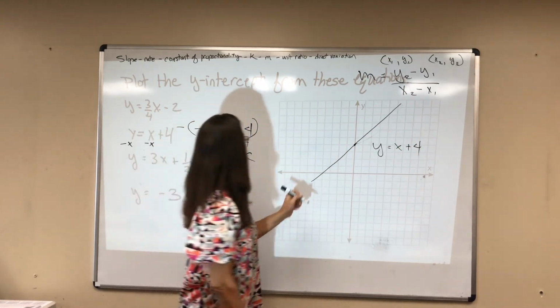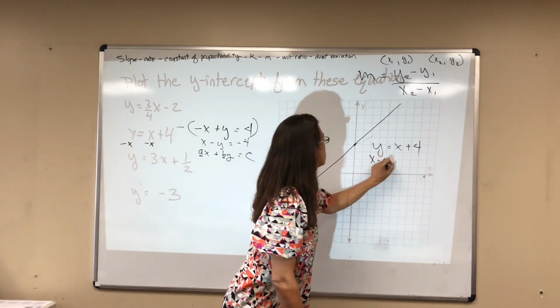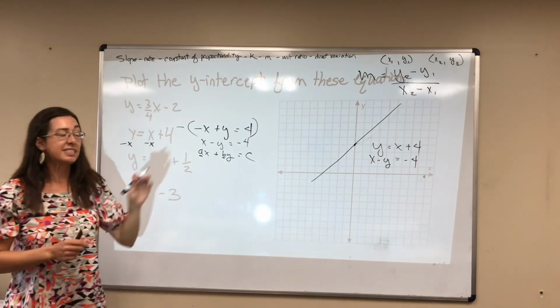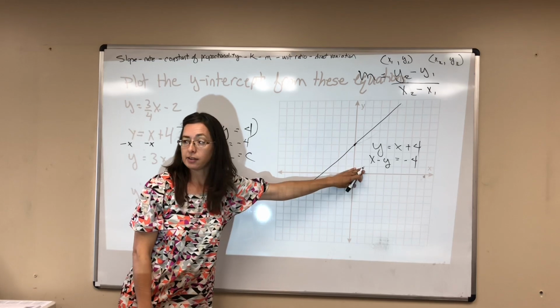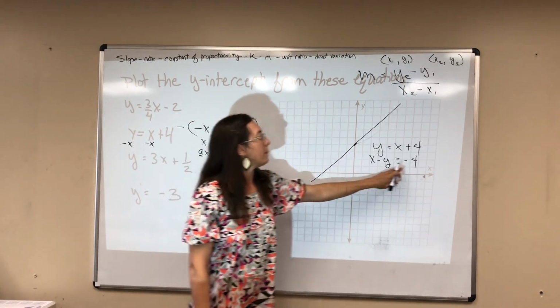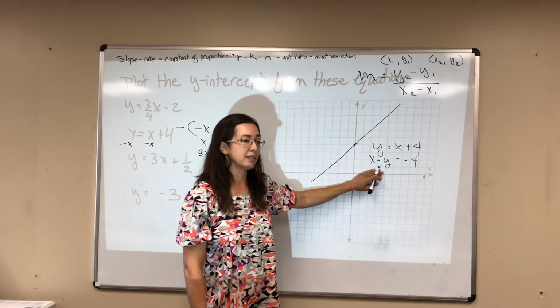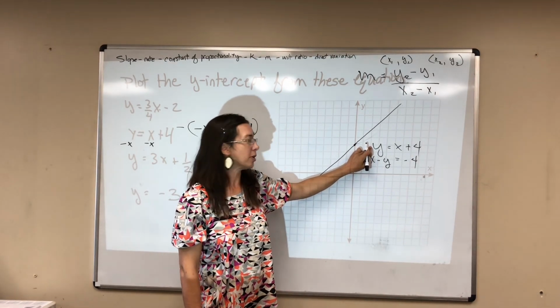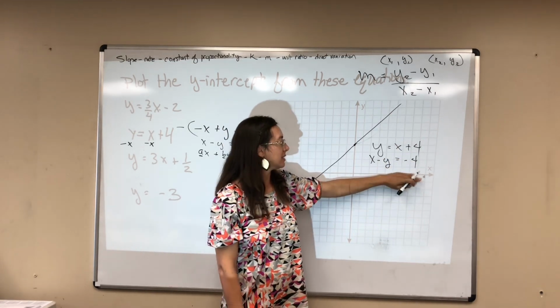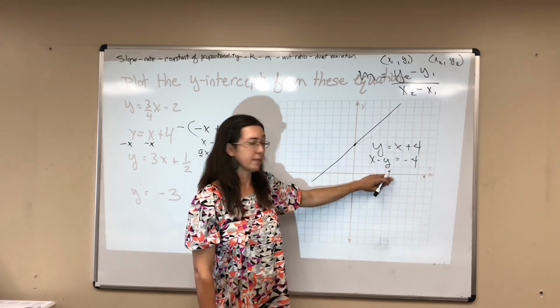I can also call this line x minus y equals -4. Same exact line, even though it goes through +4. But this doesn't tell us what it goes through because it's not in slope-intercept. If I solve for y, it changes it back.